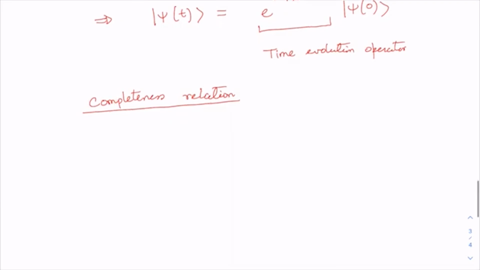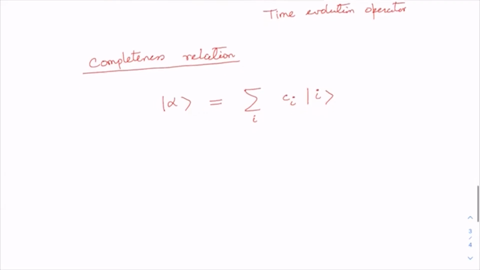As you know, any arbitrary state vector, say ket alpha, in the Hilbert space can be expanded in terms of the eigenkets of a Hermitian operator, say A. Then I can write it as a superposition of these eigenstates, say ket i, and these are the coefficients.